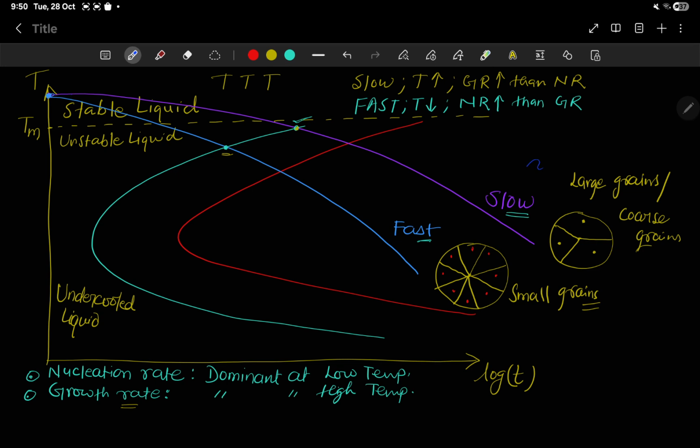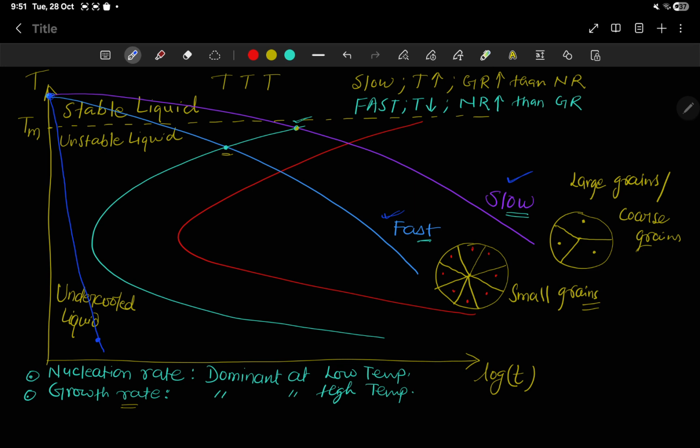Now in this case, cooling is slow, here cooling is fast, right? Now can you tell me what will be this process? We are cooling it like this. Okay? We are ending at this point, right?